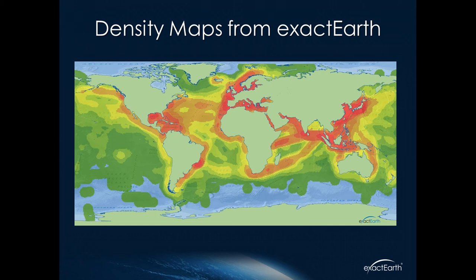So these map products will be available in quarter by quarter degree cells, broken down by month and your area of interest, and will provide total vessel counts by cell, as well as by a subset of vessel types, either cargo, tanker, fishing, passenger, whatever. But if this format isn't exactly what you're looking for, you can also let us know and we can easily create your very own customized density map.